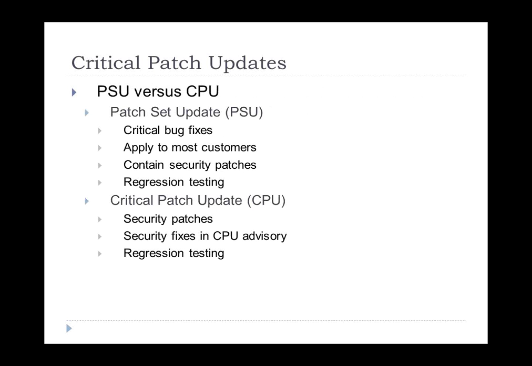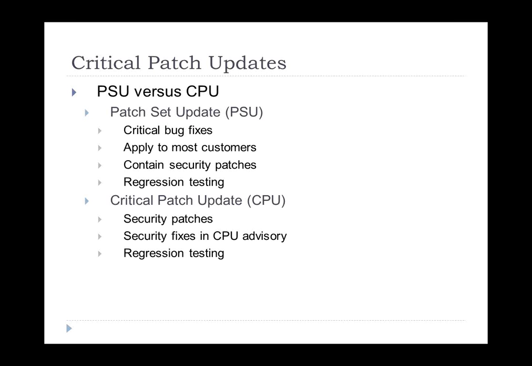So the patch set update, the PSU, is what was introduced, I think, about a year and a half ago. It might be a little longer now, but it actually includes some critical bug fixes that apply to most customers, and it also contains all the security patches. This set of patches also goes through the same regression testing that the CPU does. The main difference between the critical patch update and the patch set update is the critical bug fixes that come along with the PSU.